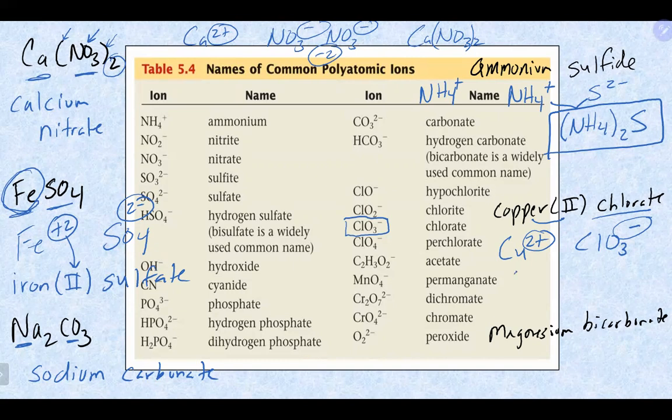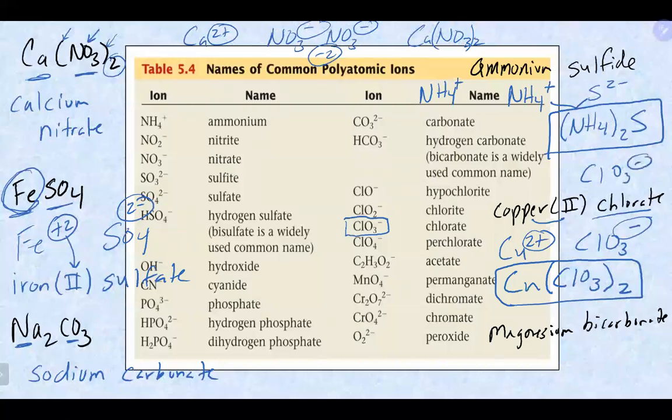Once again, because that is a polyatomic ion, we will need to put parentheses, the ClO3 in the parentheses, and a 2 on the bottom. And that would be the proper formula. That basically says we have 2 of these guys happening. -1 times 2 gives us -2, +2 and -2 equals 0. Question on that one there.